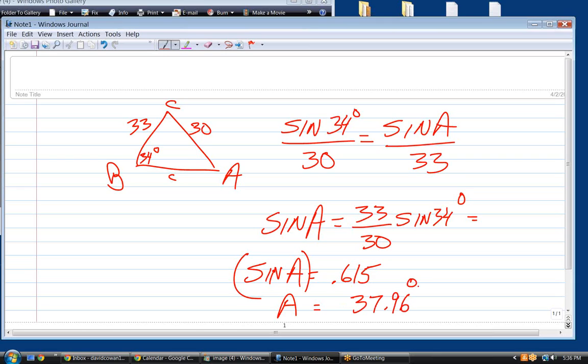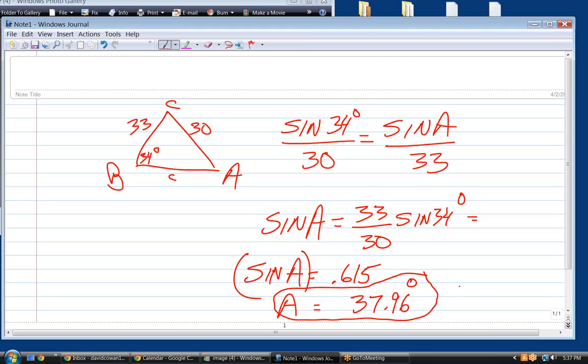Yeah. Now, since we are in a situation that could be the ambiguous case of sines, there are actually two answers for angle A: the first quadrant and the second quadrant answer. What is the second quadrant answer? Whatever angle is supplemental to that.